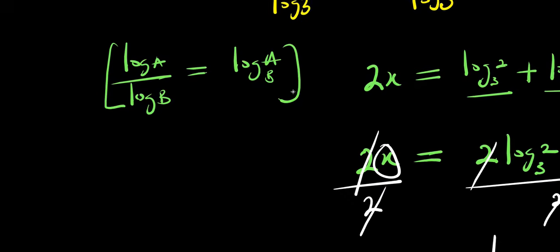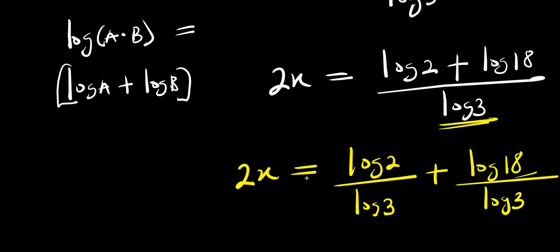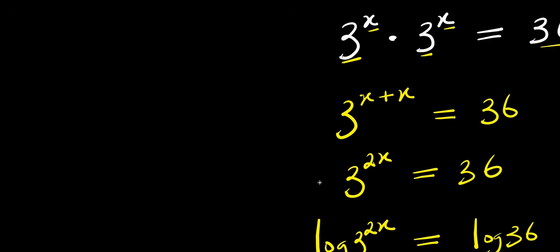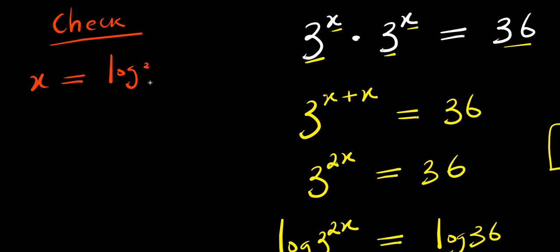Now the next thing we are going to do will be to check by inserting that particular value for x, and let's check if it's going to satisfy the equation. I have checked, x is log 2 to the base of 3 plus 1. This is 3 power x times 3 power x equals 36.